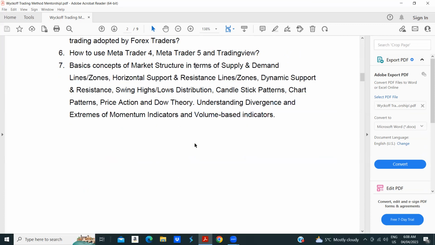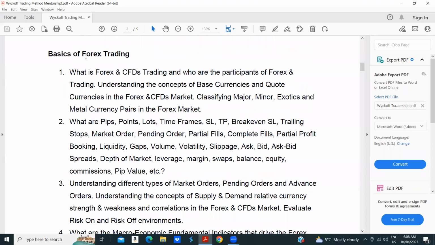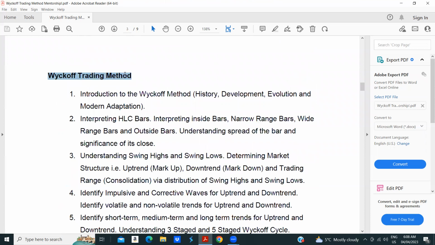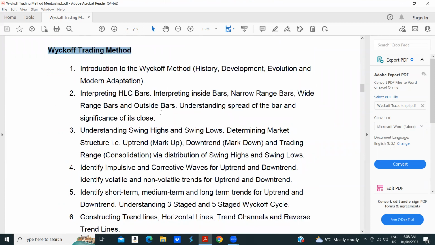After grasping the firm concepts of the basics of forex trading, we're going to move on to the Wyckoff trading method. During the initial phases of our mentorship, we're going to understand the Wyckoff method: the basic introduction in terms of its history, development, evolution, and modern adaptation.